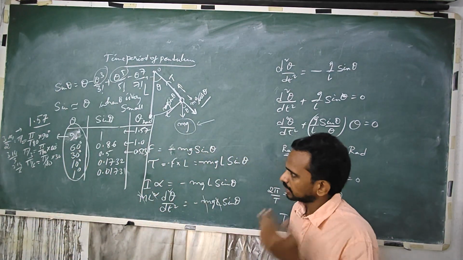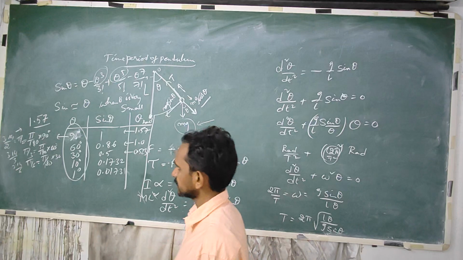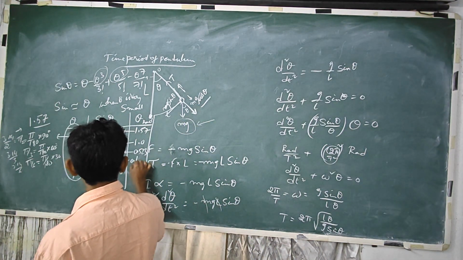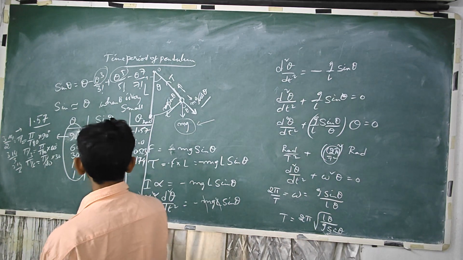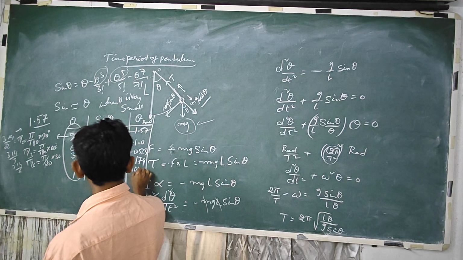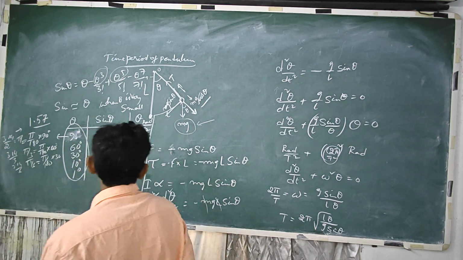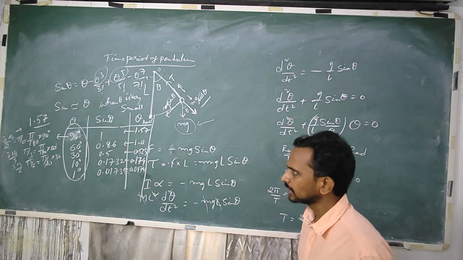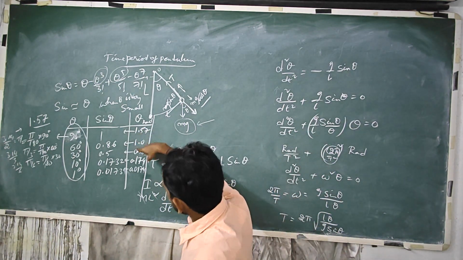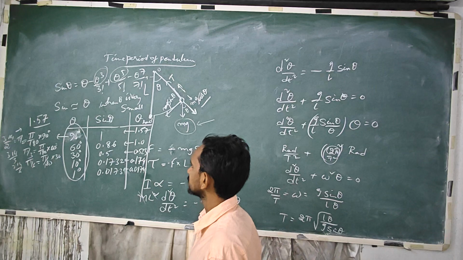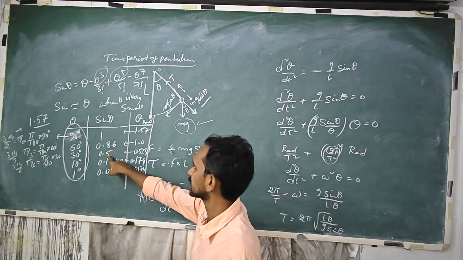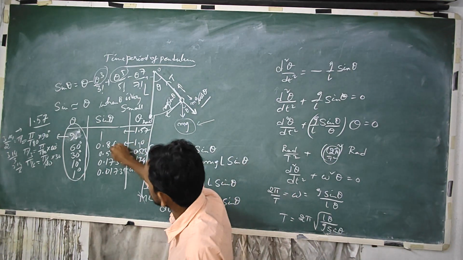Okay. What about 10 degrees? 10 degrees in radians is 0.174. 1 degree is 0.017. So like that, when theta is 30 degrees, the theta value in radians is matching with sin theta up to the first decimal.